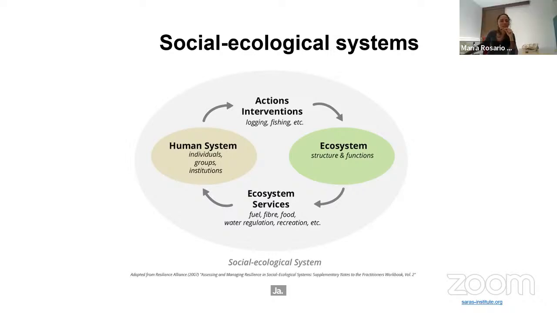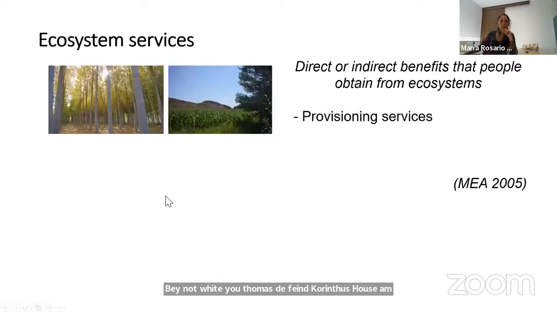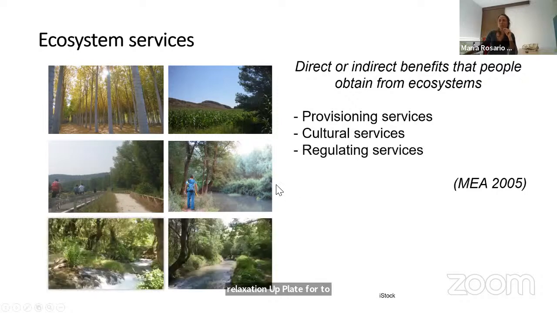Okay, so it seems that the term is known at least by some, maybe not by others, and that is fine. This term was defined already in 2005 as the direct or indirect benefits that people obtain from ecosystems, as for example provisioning services such as timber or food, cultural services, for example recreation or relaxation, a place to disconnect from daily workloads.